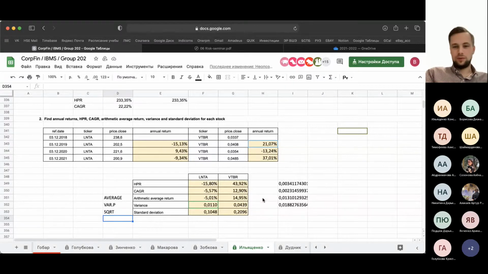I don't think that we have time today to calculate the variance by hand, but you can practice it at home. It is not very tough.